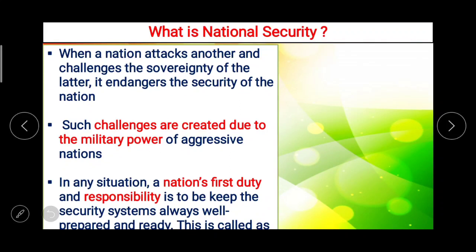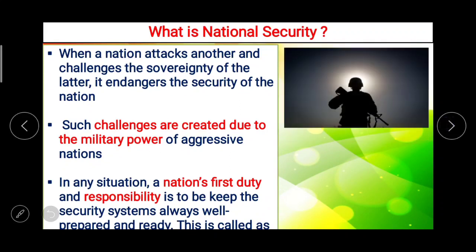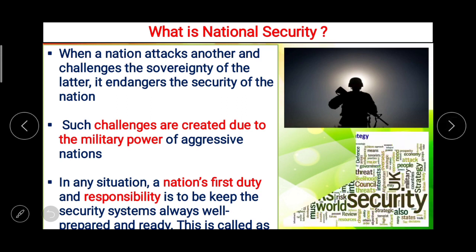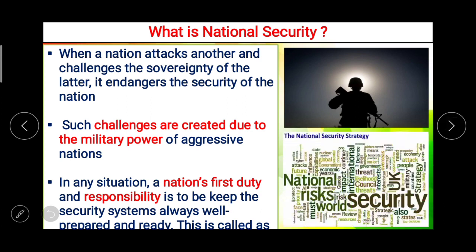But when such efforts are not enough to resolve the conflict, if the problem is not solved by discussion and compromise, then a nation may even think of war. And when a nation attacks another and challenges the sovereignty of the latter, then it endangers the security of the nation.